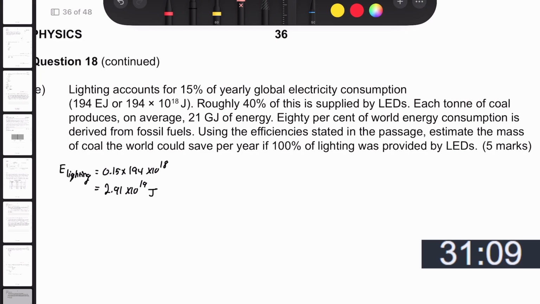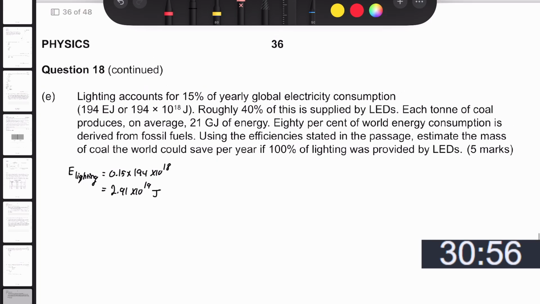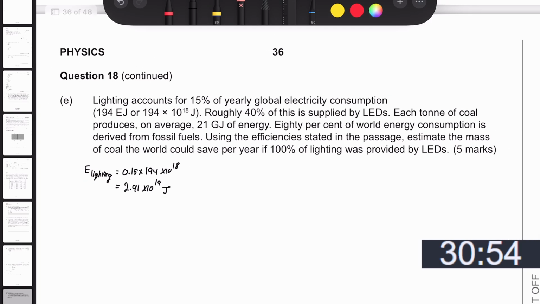Roughly 40% of this is supplied by LEDs. I need the efficiency stated in the passage.